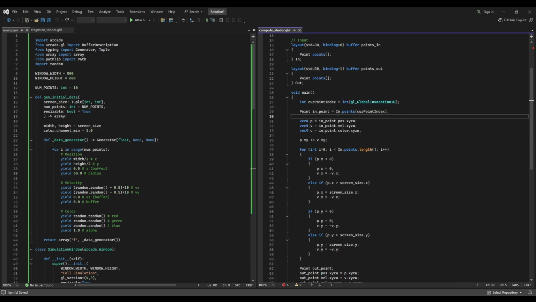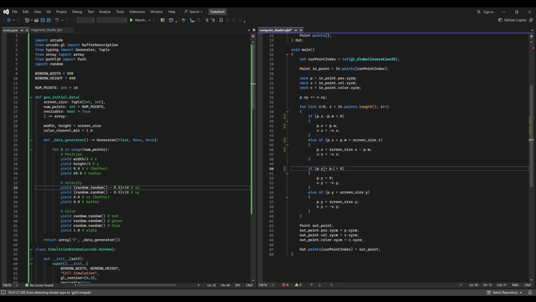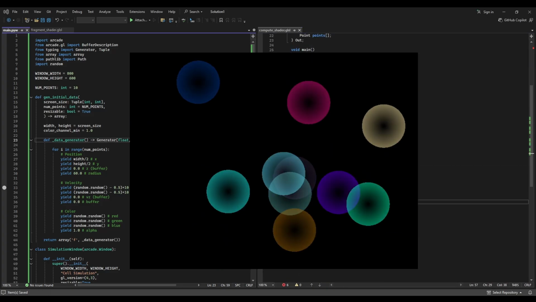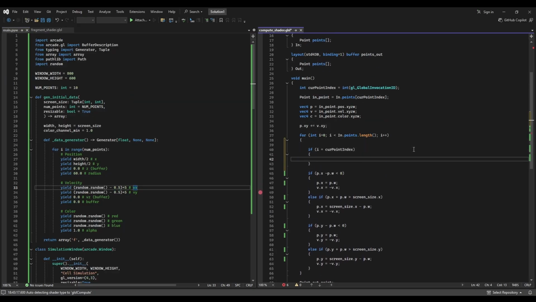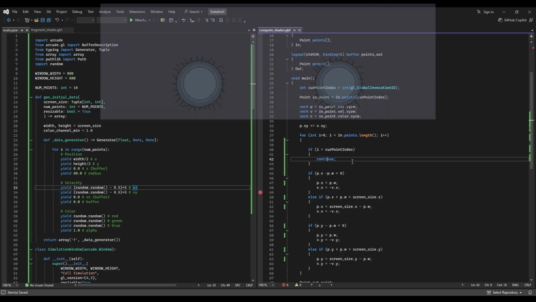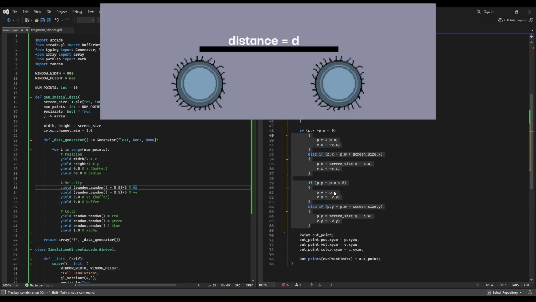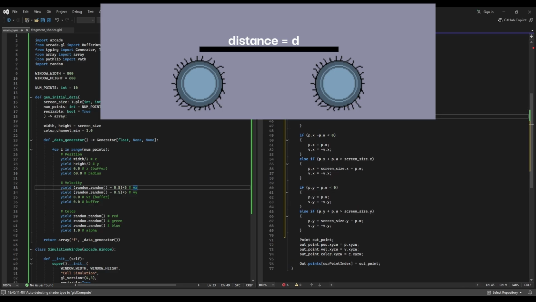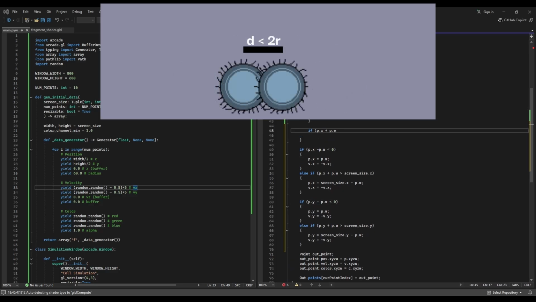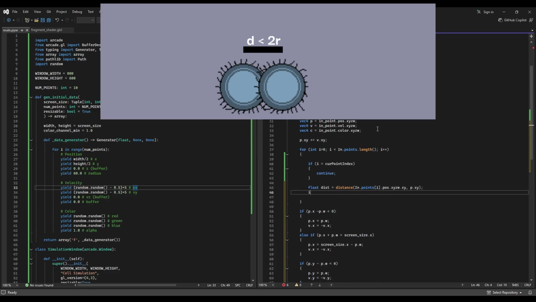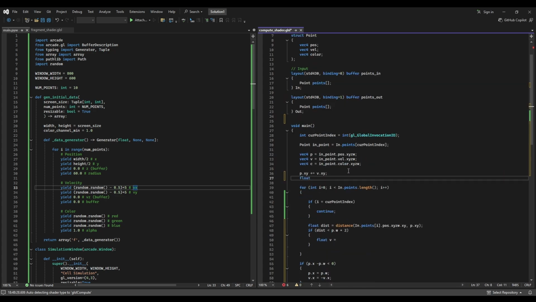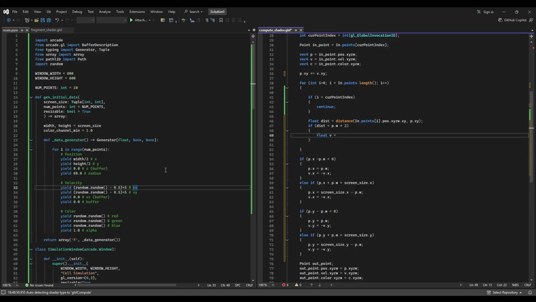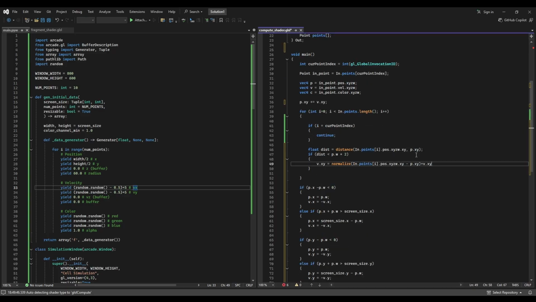So I wanted these bubbles to start bouncing off and influencing each other, and that meant I had to implement a collision system for them. What I ended up doing was finding the distance between each of the bubbles, and if that was less than the radius of the two, that meant that it was colliding, and it would then set the position of itself back to the maximum distance of the radius, and then invert the velocity of it.